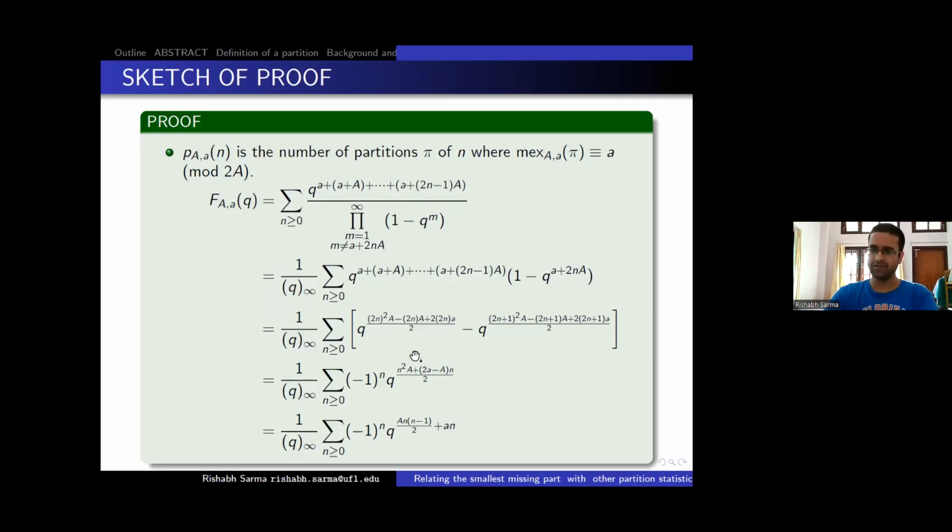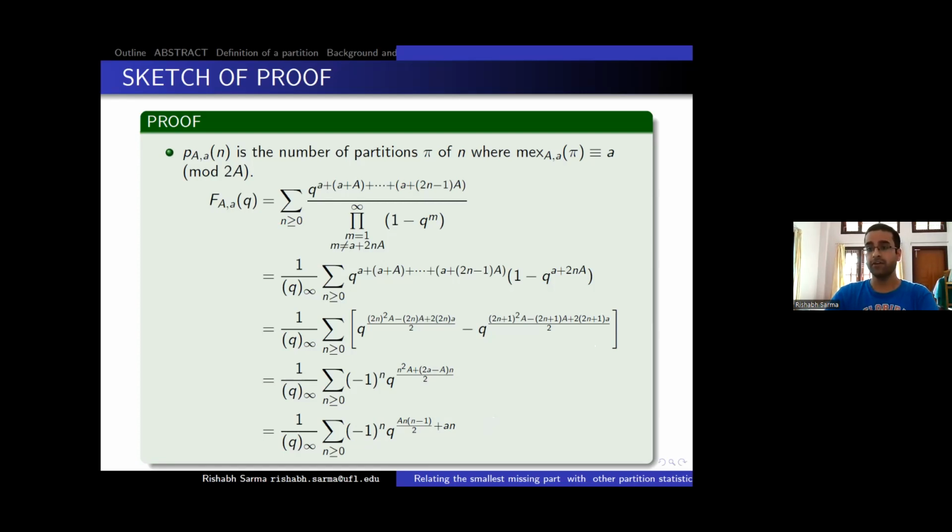On simplifying further, the exponent of q has these even n's and odd n's, and on further simplification, it leads us to the simplified form of the generating function for the non-overlined extended max function.